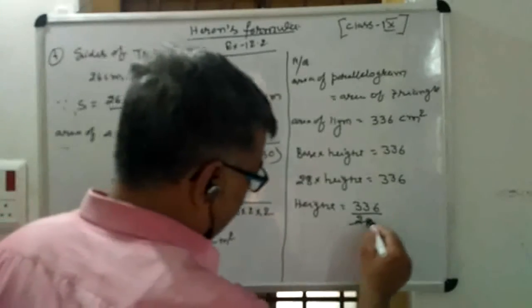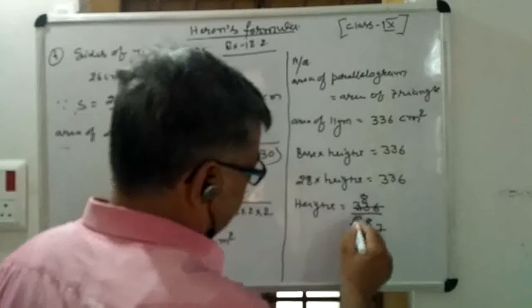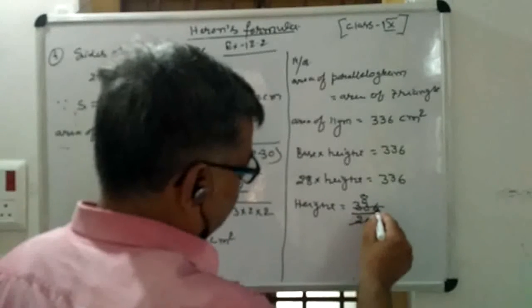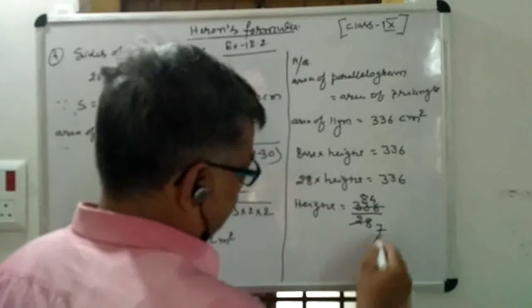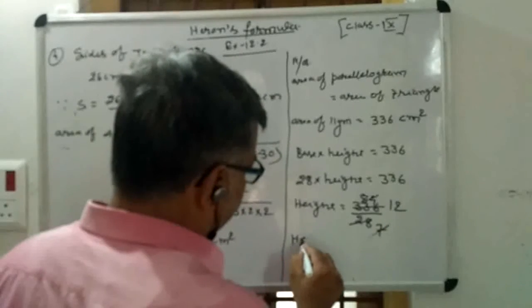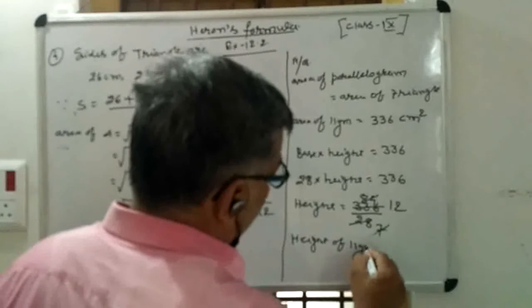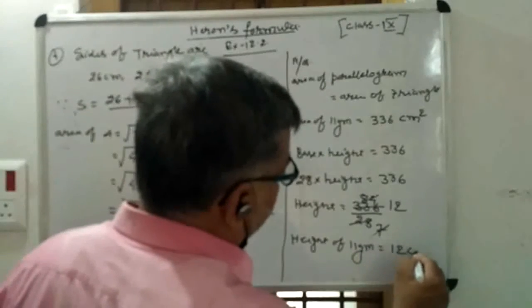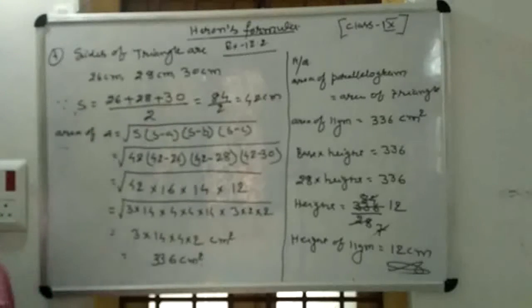When you cancel it by 4, then you will have 84 by 7, and 4 8s are 32, 1 6, 4 4s are 16 and 12 7s are 84. So the height of the parallelogram will be 12 centimeter and this is your required answer.